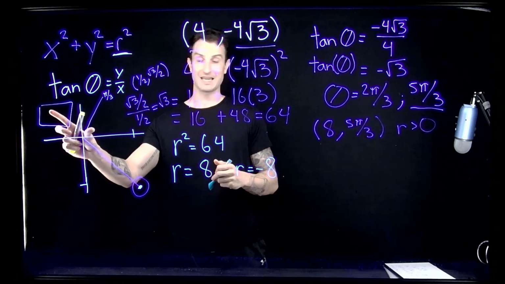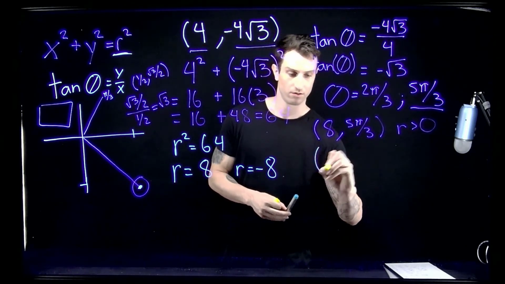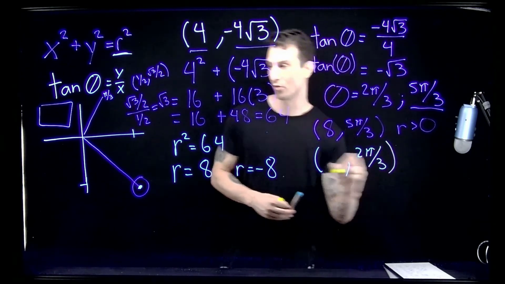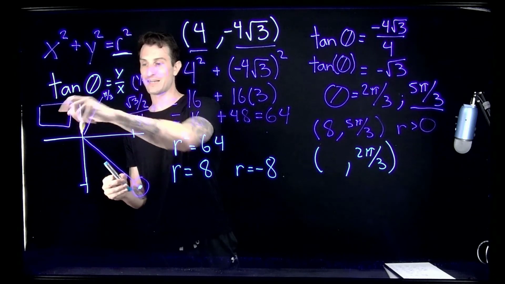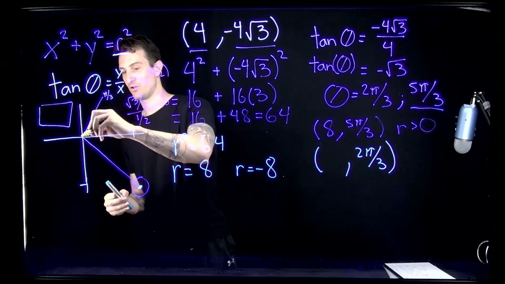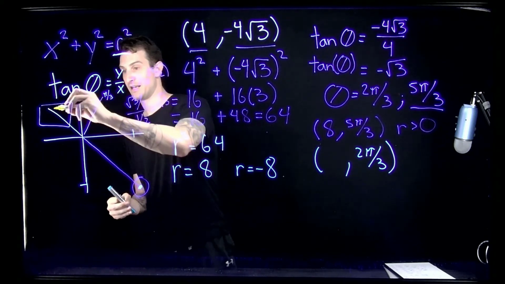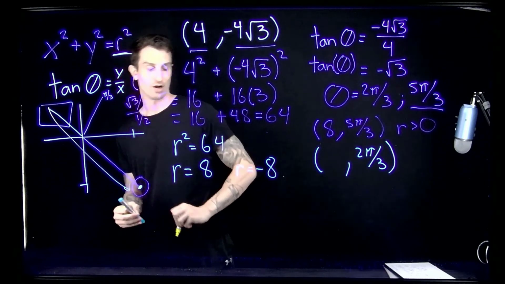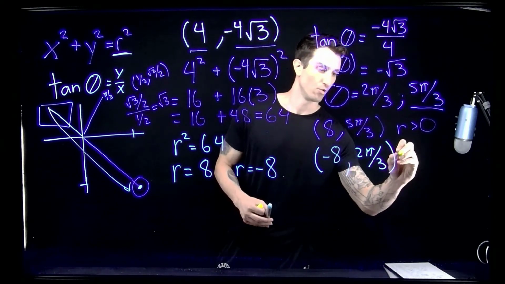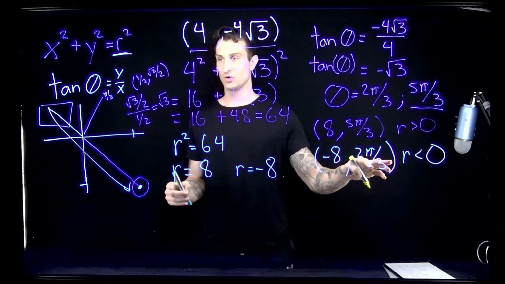However, if I use the angle in quadrant 2, which is 2 pi over 3, and I want to end up in quadrant 4, I need the negative radius so it'll flip back. You can imagine I'm heading 2 pi over 3. Well, I'm going in the wrong direction, but if I use a negative radius, it'll flip me back to where I want to go. So that is why this one has the negative 8. And of course, r is less than 0. So those are my two options.